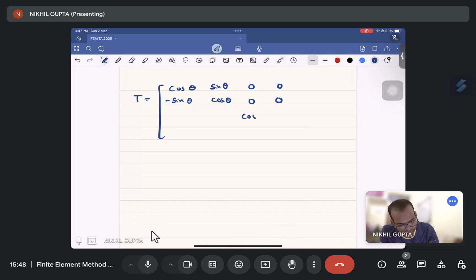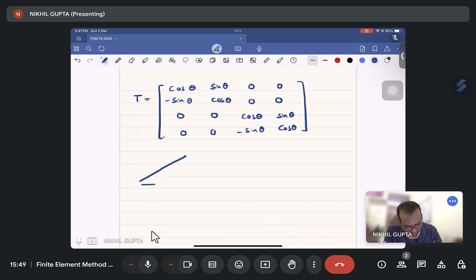This is the generic transformation matrix we have seen. Here this is 1, this is 2, this is 3, this is 4, and this is theta.